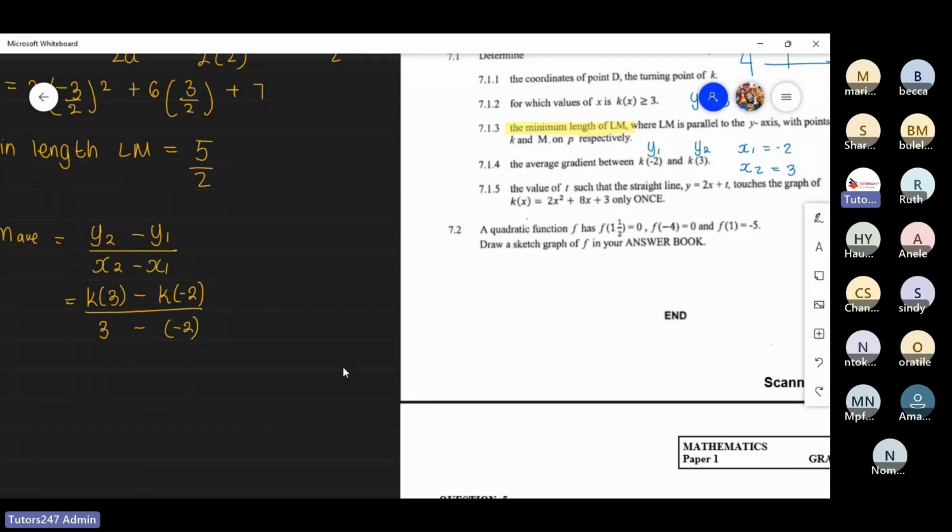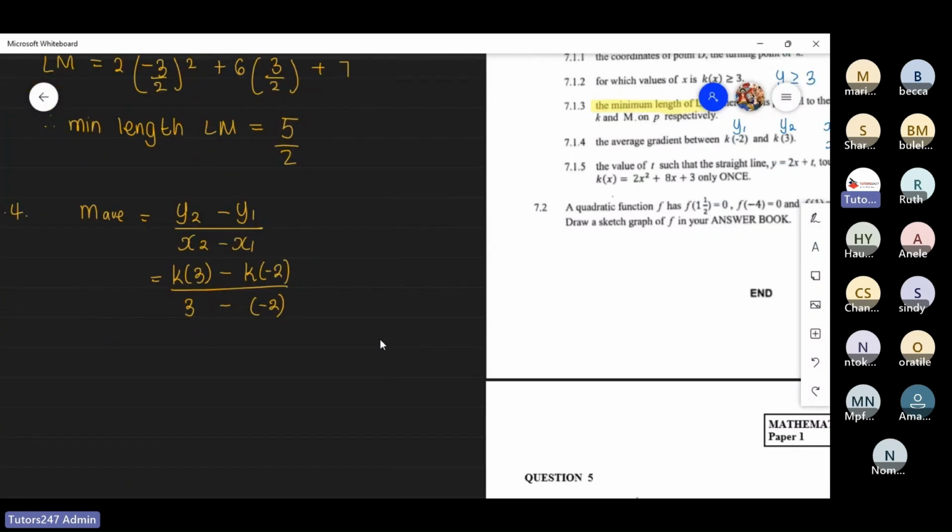Now, from here, all we need to do is find the value of k of 3. If you want to, you could have separately found k of 3 and k of -2 on the side of your paper and then substituted the y values. Keep in mind that k of 3 just represents the y value of the function k when x is equal to 3, and k of -2 represents the y value of the function k when x is equal to -2.